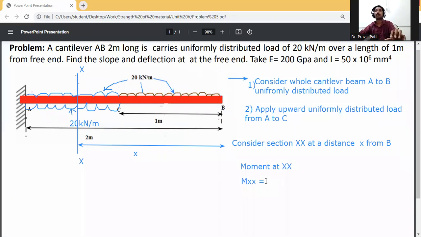First, convert the UDL into a point load, 20 into x, acting at the center, x by 2 from section XX. So the load is 20 x and the perpendicular distance is x by 2, giving minus 20 x square by 2.